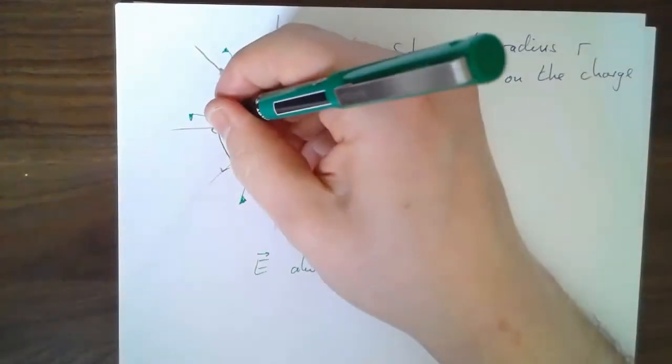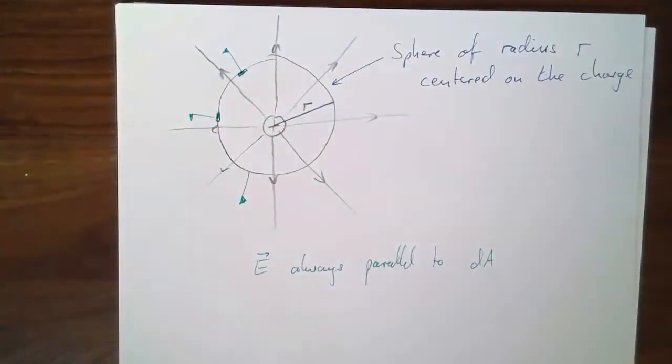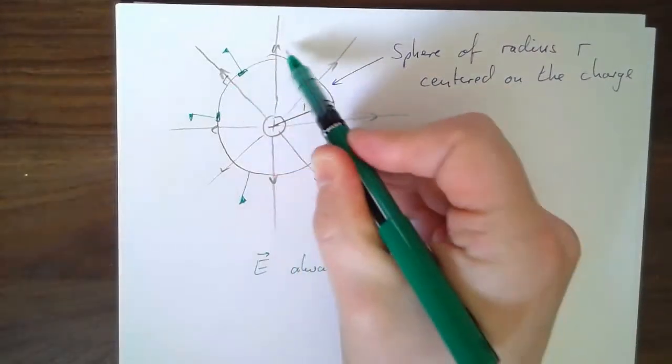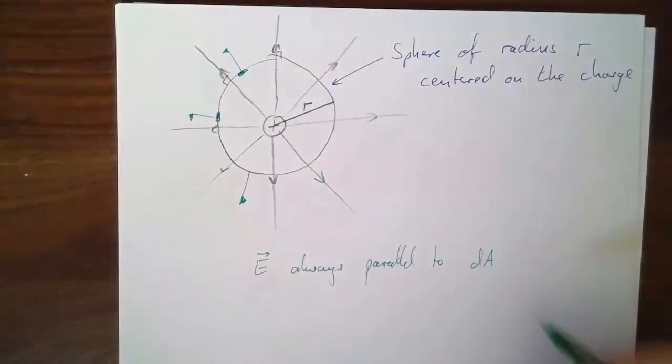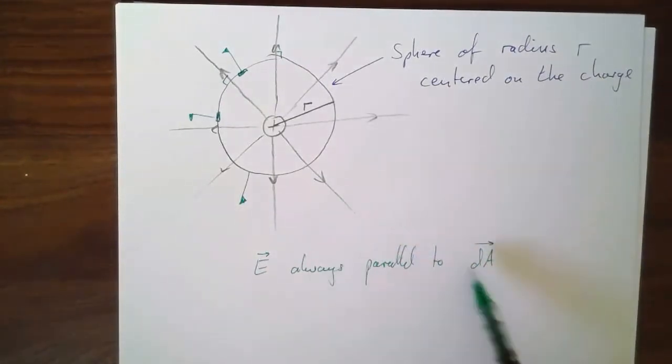Wherever I look on this sphere, the field lines point straight out of the surface, not at some funny angle. It's always 90 degrees to the surface, so they're exactly parallel to the flag.